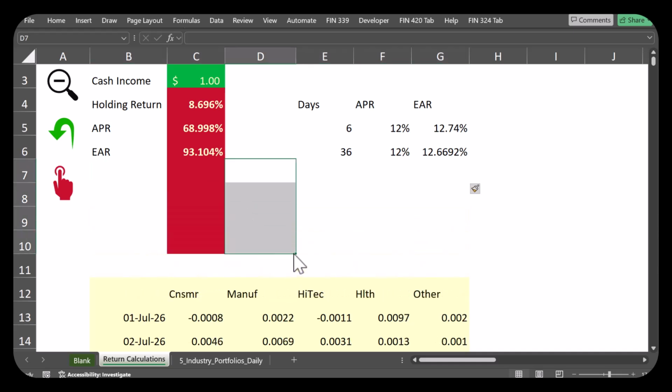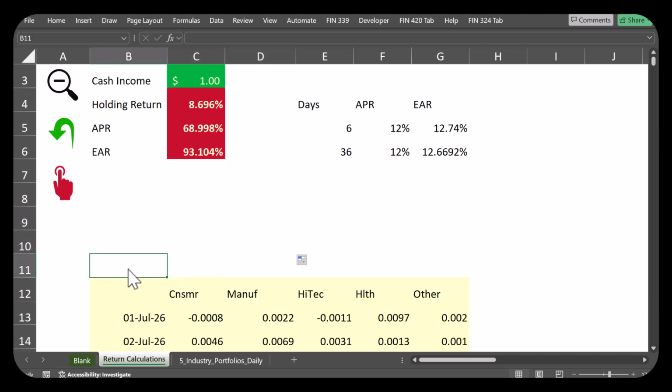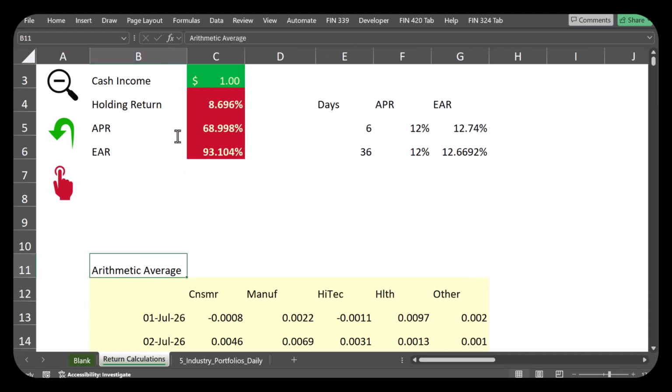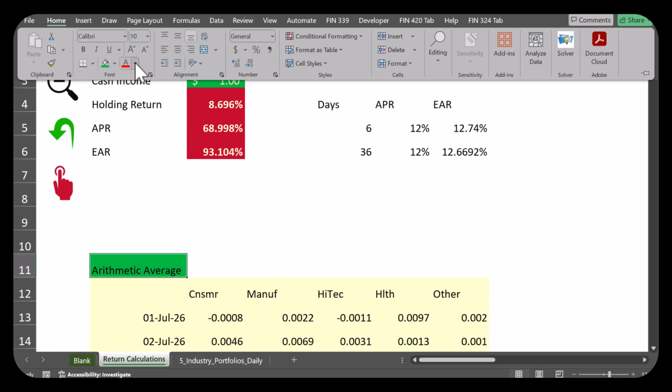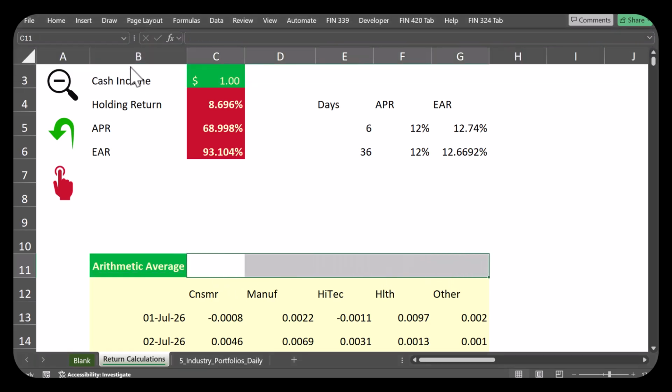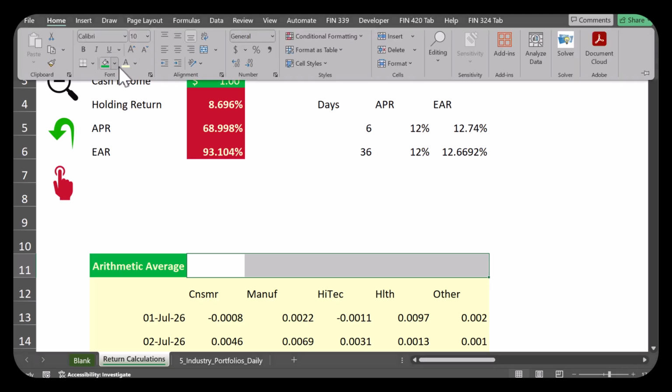So let's first calculate the arithmetic average, percent, 1, 2, 3.